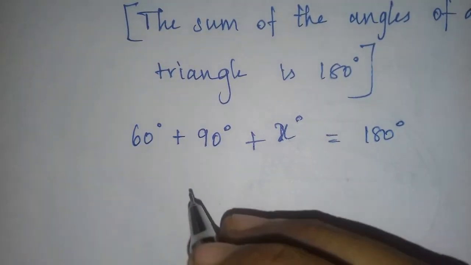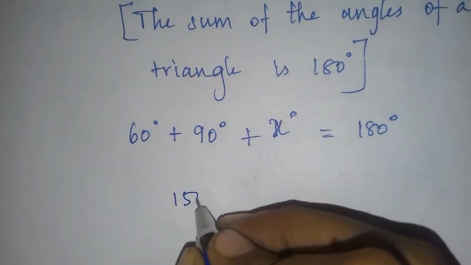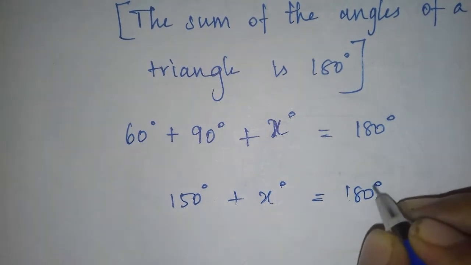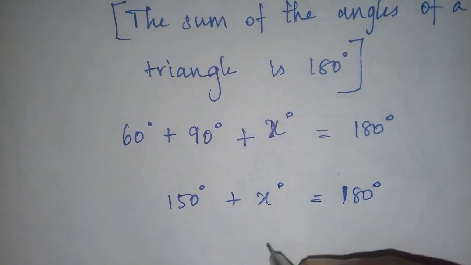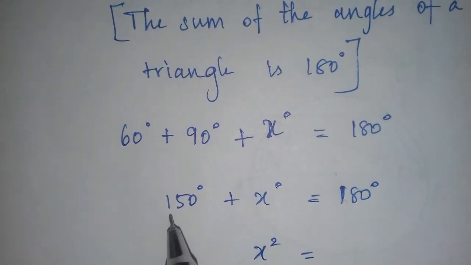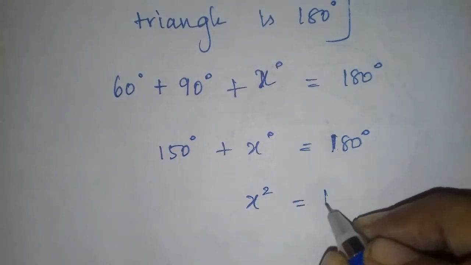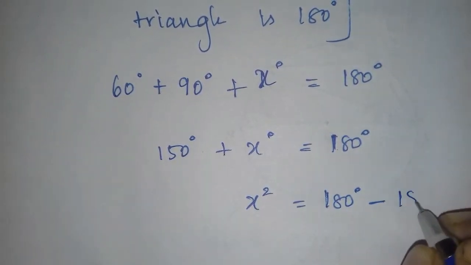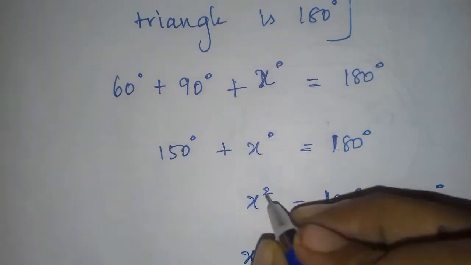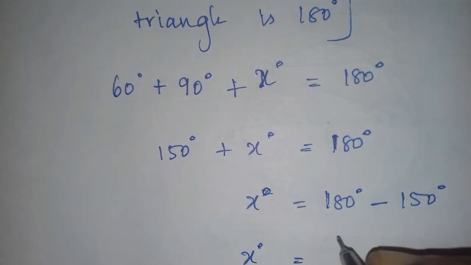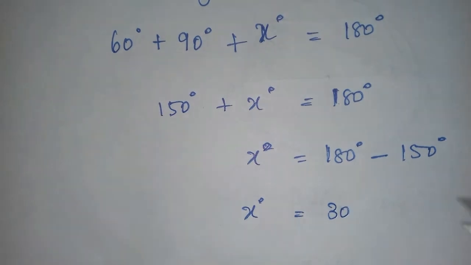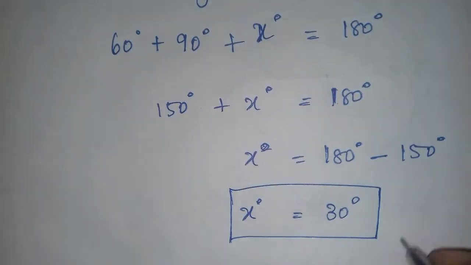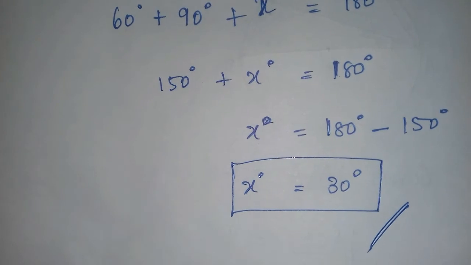If you add 60 degree and 90 degree, what will you get? 150 degree plus x degree is equal to 180 degree. So x degree is equal to 180 degree minus 150 degree. What is the value? x degree is equal to 30 degree. So the value of x is 30 degree. Now we found the answer. Can you understand this sum?